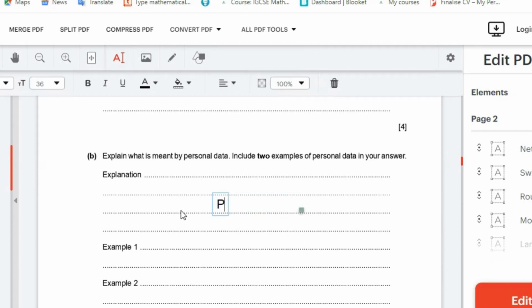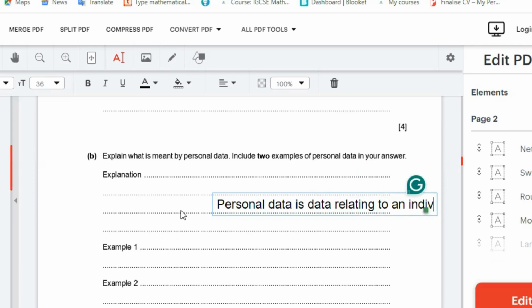Personal data is data relating to an individual or person that can be identified.